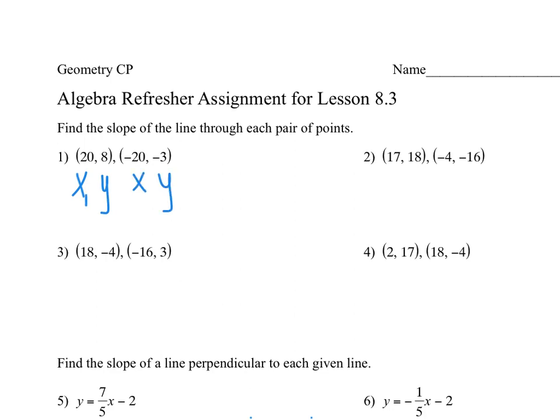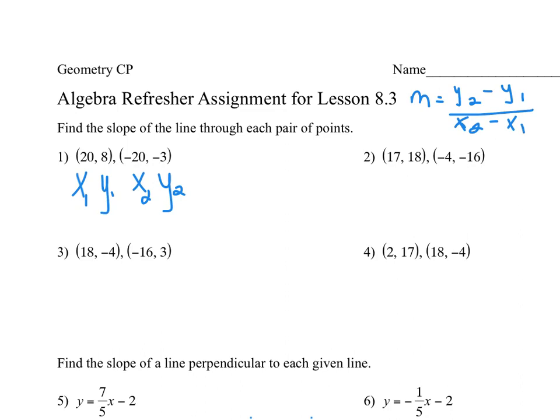And remember this is pair 1, and this is pair 2. So when we are substituting into our slope formula, remember we're using the letter m for slope. It is y2 minus y1, the change in the y coordinate, or the rise, over x2 minus x1, which is the change in the x coordinate, or the run.